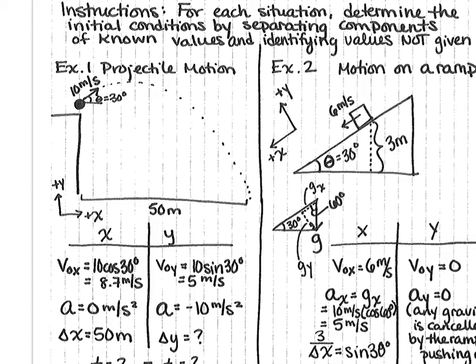shot at 10 meters per second at an angle of 30 degrees above the horizontal, there's an x and a y component of the initial velocity. You learned how to find x and y components in the video that you watched Tuesday or Wednesday night.